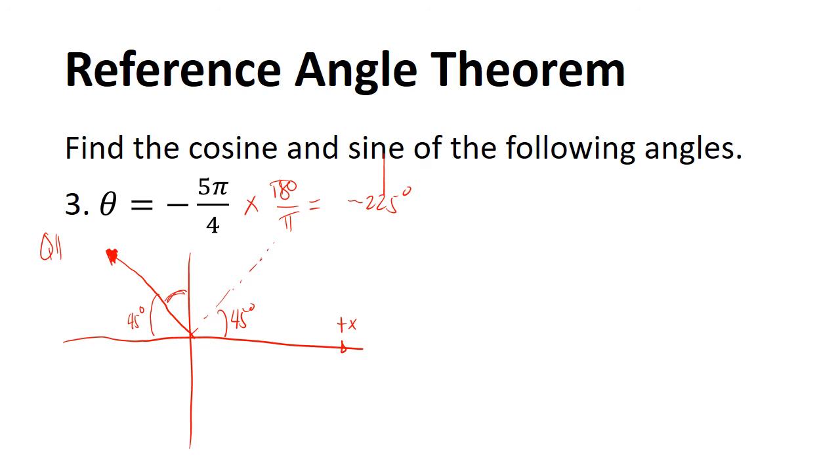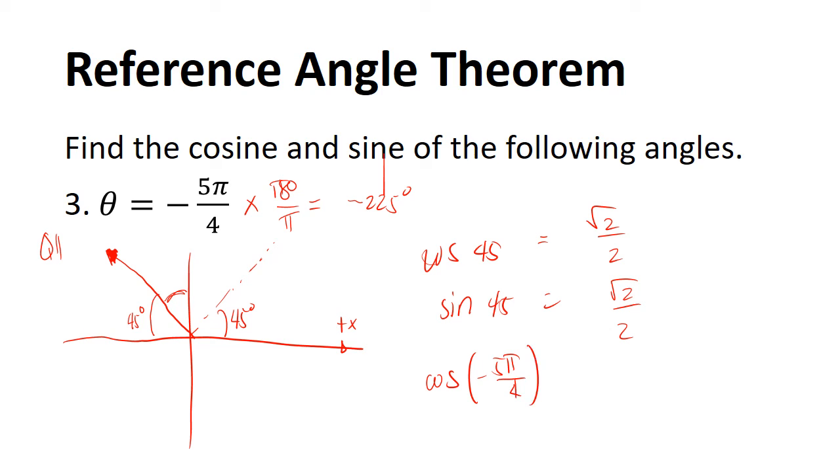And alam na natin ang cosine and sine ng 45 ay equal po sa square root of 2 over 2. And therefore, ang cosine ng negative 5 pi all over 4 at sine ng negative 5 pi all over 4 ay equal sa square root of 2 over 2 din. Depende na lang sa sign.